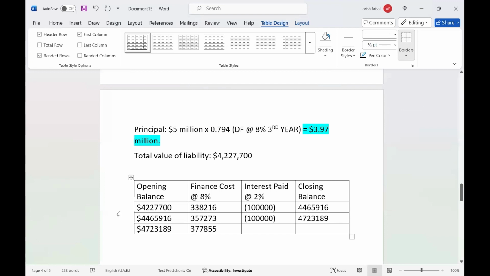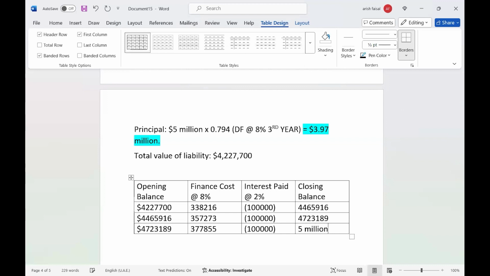But now it's up to the investors to decide what they will do. Okay, so if you pay them 100,000, this balance should be exactly 5 million, but I just have a difference of 1,044. That's possibly because of the rounding up. So here the balance will be 5 million.